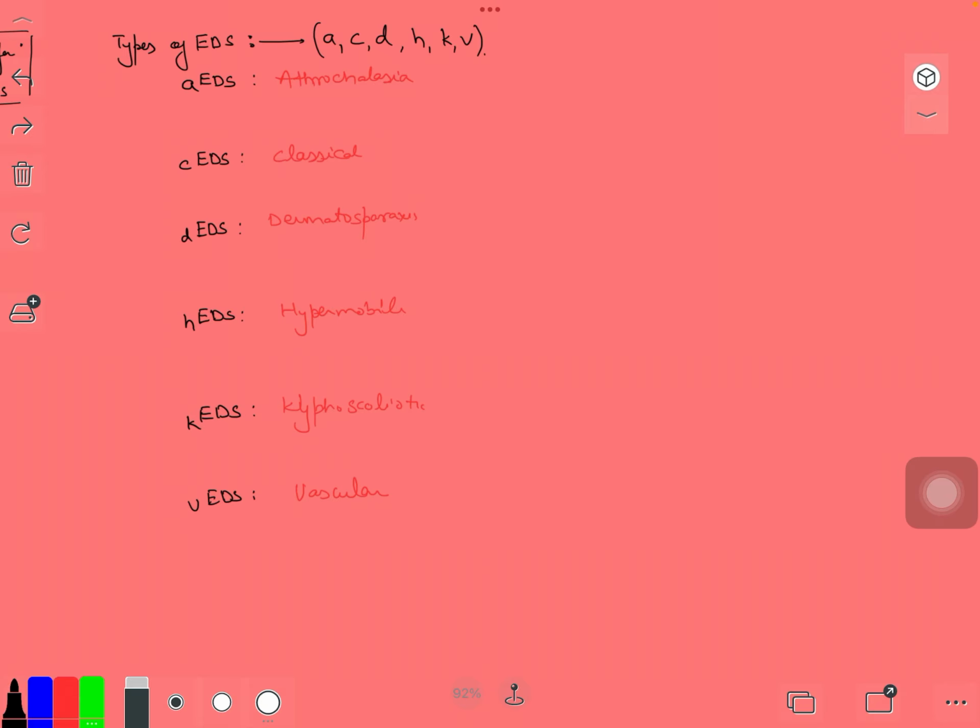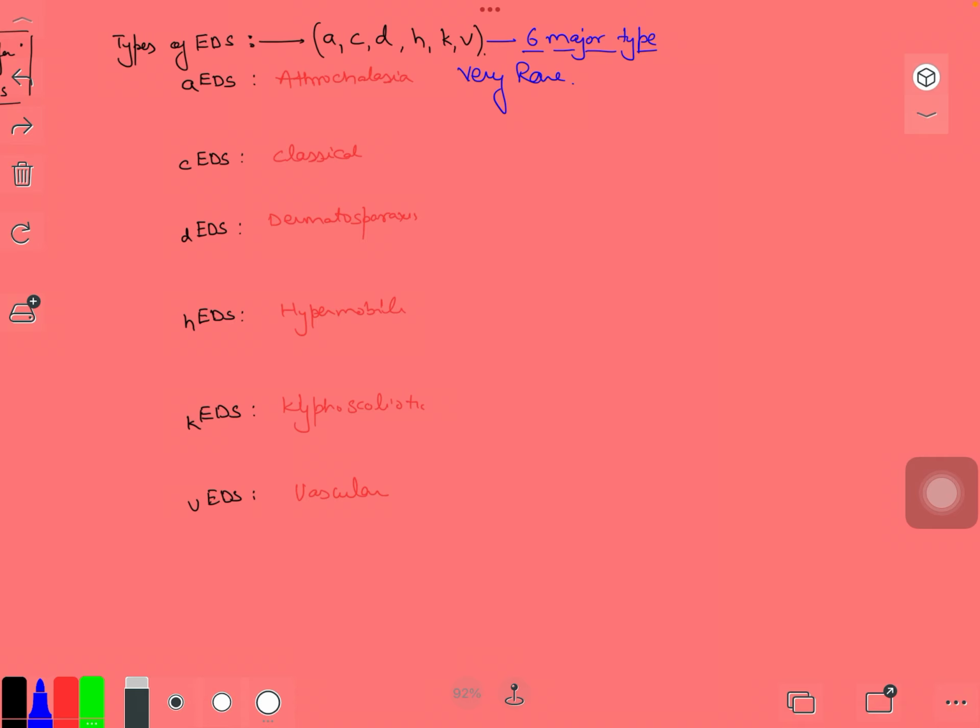However, the A type is extremely rare. And don't worry, we don't need to remember all the 6 types. These are the 6 major types that you must keep in mind. However, even from these 6 major types, 3 are more important. Which 3? I'll tell you.